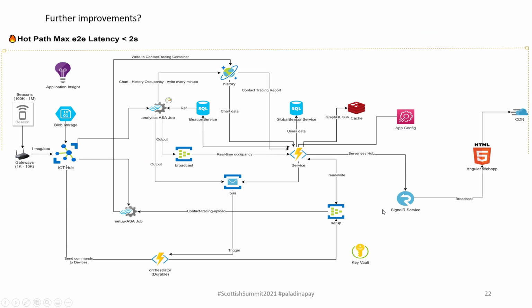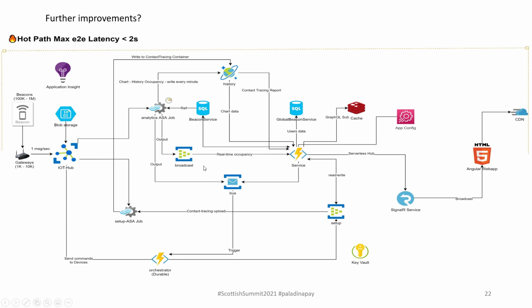And as I mentioned before, another alternative for the real-time chart is SignalR Service. And we can potentially replace the web app with Azure Functions with different bindings and triggers to different other parts of the system. This way is cleaner.